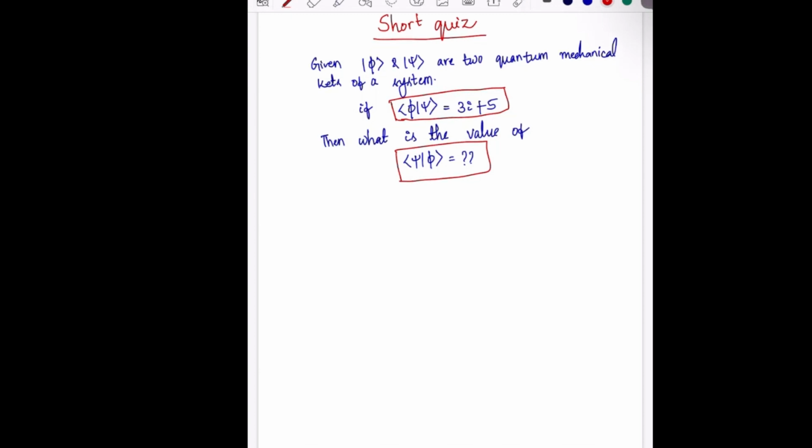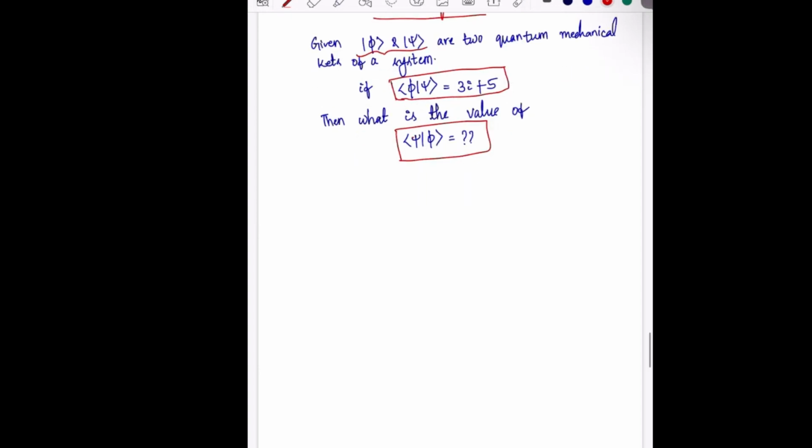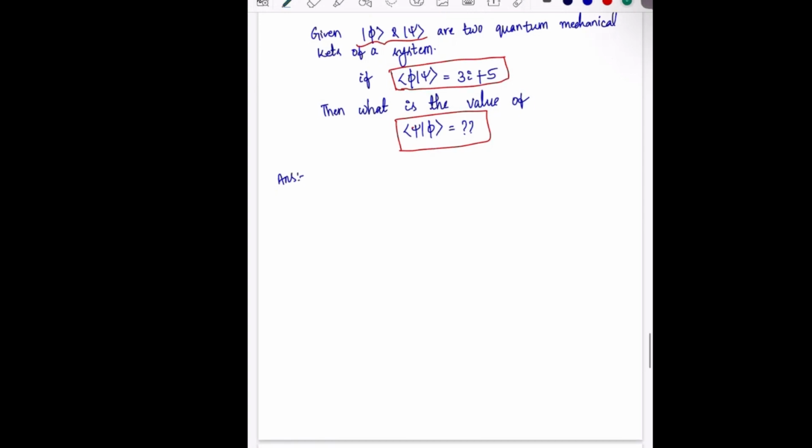Let me explain the question once again. Phi and psi are two quantum mechanical states of a system. If the inner product of phi and psi is 3i plus 5, then what is the value of the inner product of psi with phi? Anyone want to answer this question? You can raise your hand and then I will unmute you.